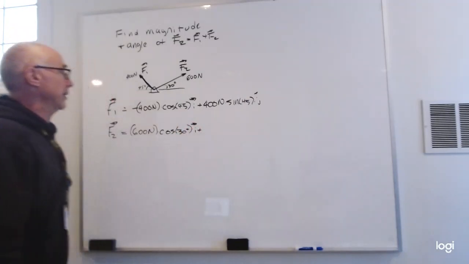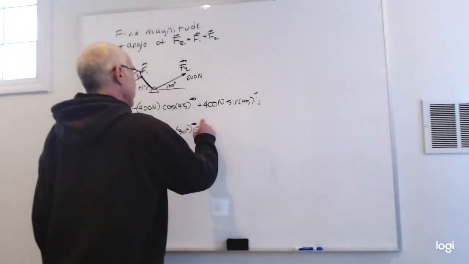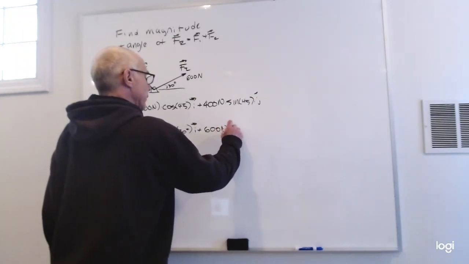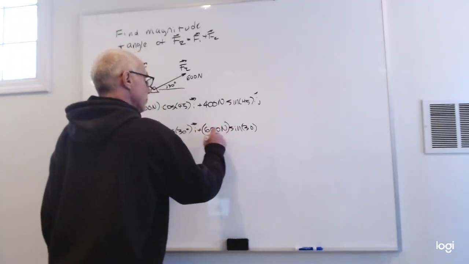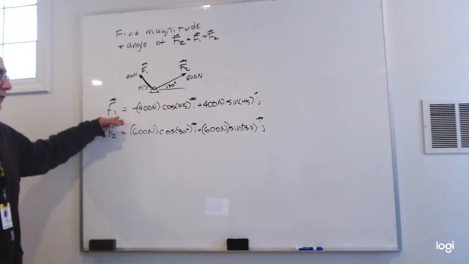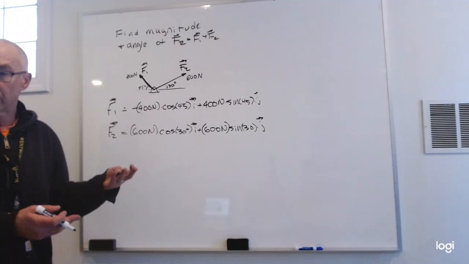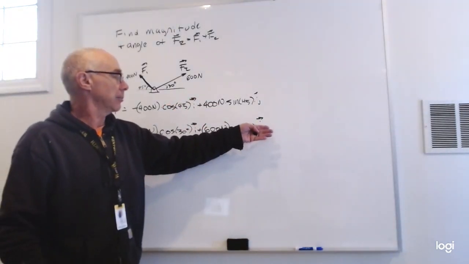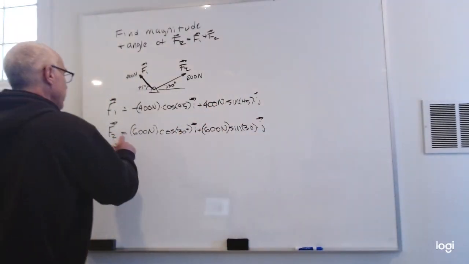And then we're going to add to that our y component, which is going to be 600 newtons times sine of 30 times our j unit vector. So that's F2. Now to add these, all we do is take the two x components and add those, add the y components, and then we simply apply the i and j vectors where appropriate. So I'm going to write it this way.